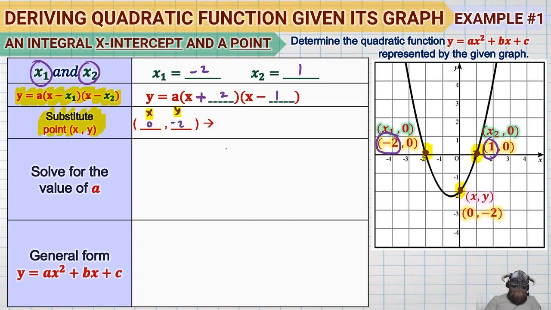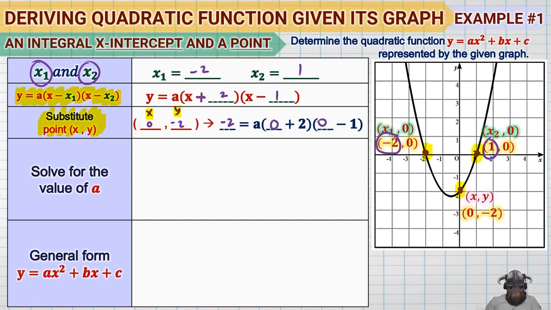So, in this case, all we need to do is to substitute it as the values of x and y on this given equation above. So, ito yung may y kanina at ito yung nasa taas, dalawa yung x natin. So, papalitan natin tong y natin ng negative 2 kasi ang point natin is 0, negative 2. And then, itong dalawang x natin, papalitan natin siya ng 0.